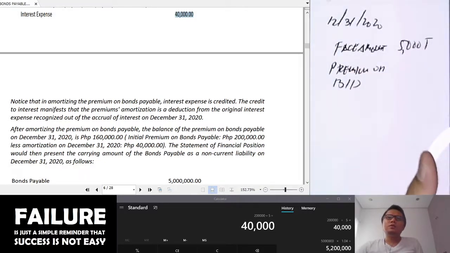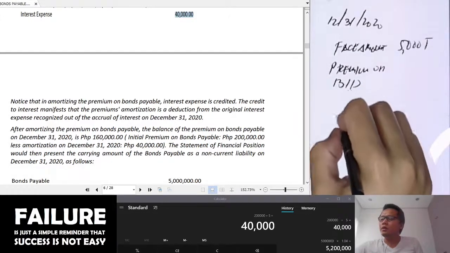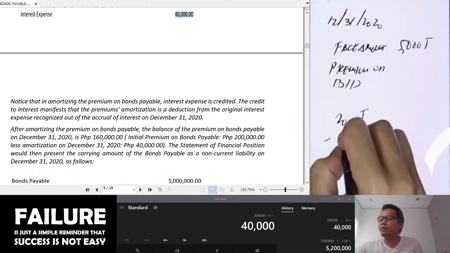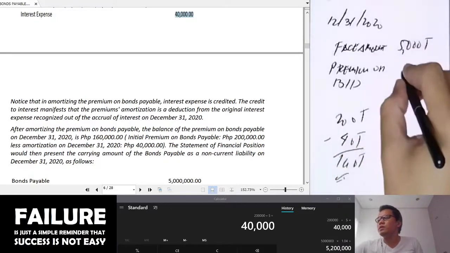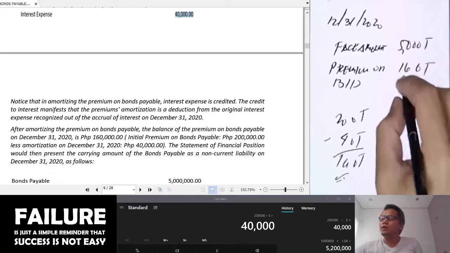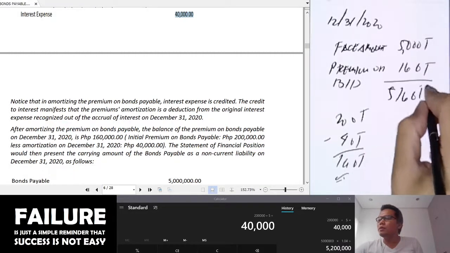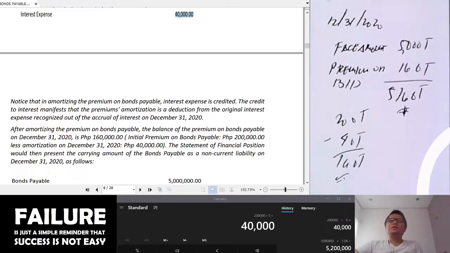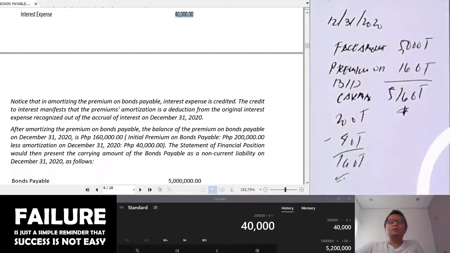On December 31, 2020, we started with 200,000, then we amortized 40,000, so it is now only 160,000. So the carrying amount of your bond would be 5,160,000. This is your carrying amount.